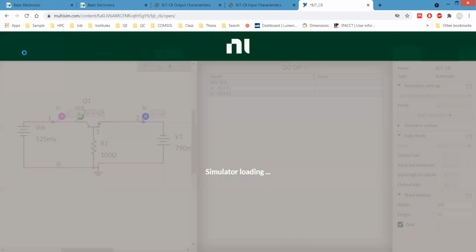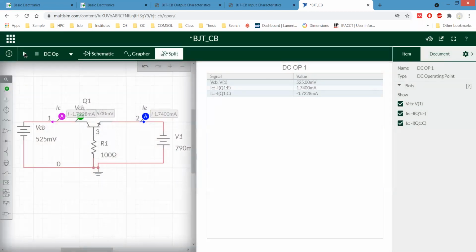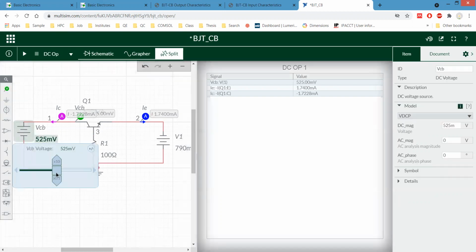It should be constant. Yeah, it is constant. The collector current is also now saturated. For 500 millivolt, it is saturated. How is it possible?